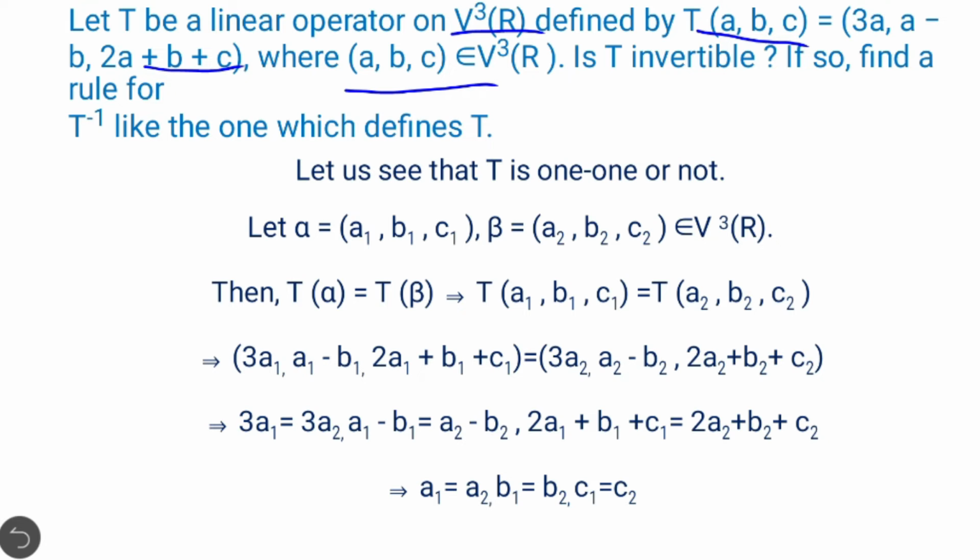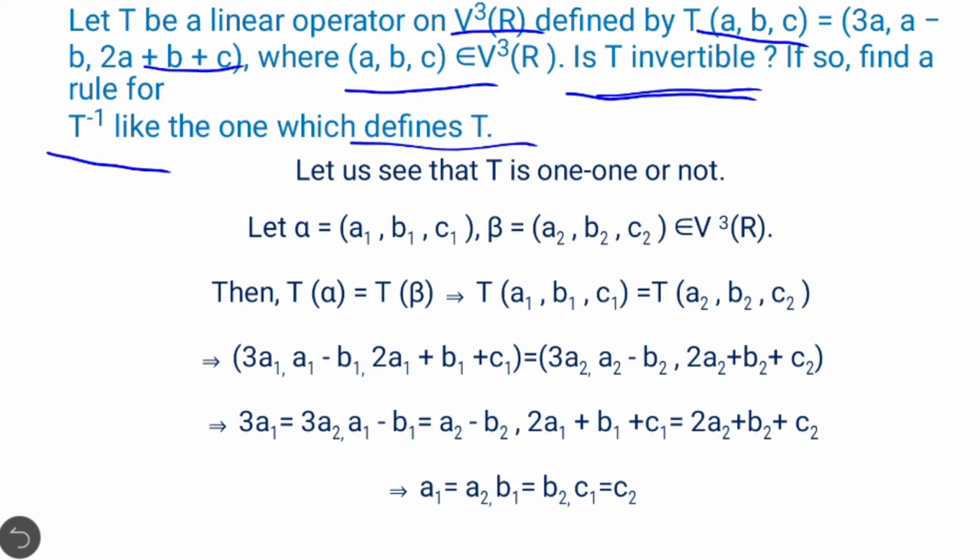We have to check whether this T is invertible. If yes, then we have to find a rule for T inverse like the one which defines T. In order to check whether T is invertible or not, you have to find out whether T is 1-1 and onto or not.